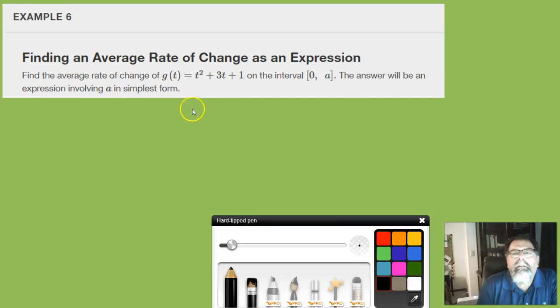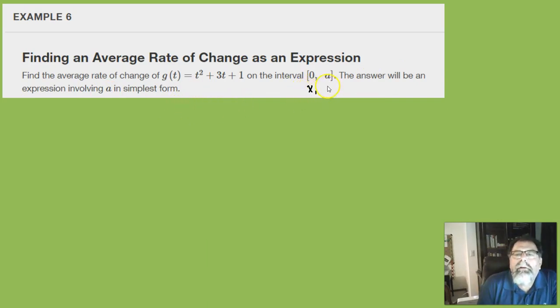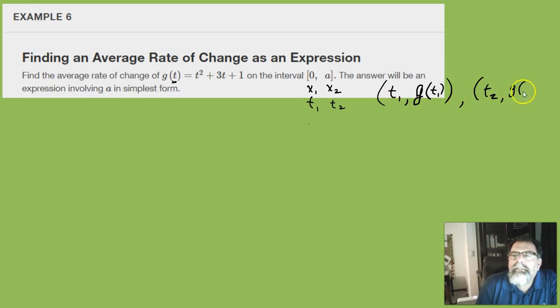So basically, you're going to say, all right, this will be my x sub 1, and this will be my x sub 2. Or again, the input's t, so technically it's t sub 1, t sub 2. So if I want to do f, oh, it's not f, it's g. So that would be point 1, and point 2 would be t sub 2, g of t sub 2.